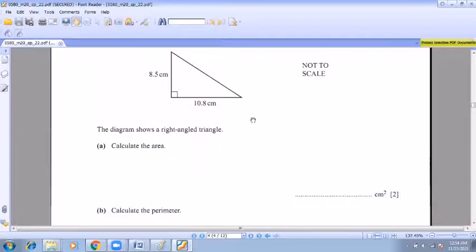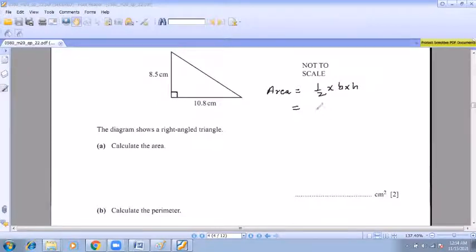For calculating the area of the triangle, we must have the formula, and we know that it is a right angle triangle. So the area of this triangle will be 1 over 2 base into height. We know the base is what? Here we have 90 degrees, means the 8.5 will be the perpendicular side and 10.8 will be the base.